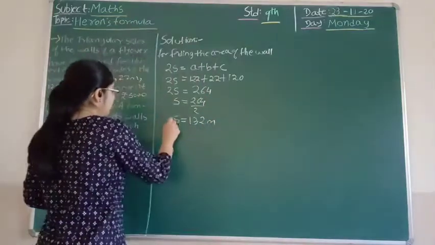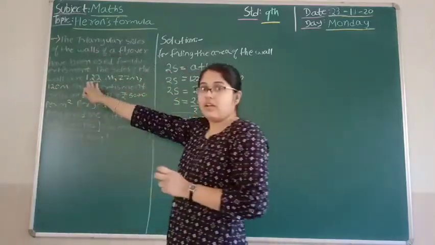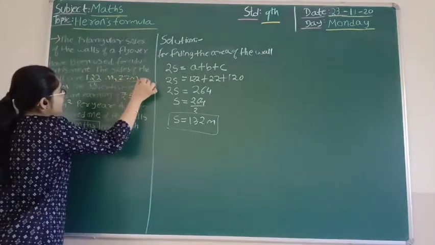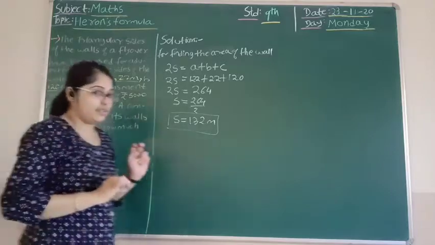So this is my A, B, and this is C. This is how we will find the perimeter.